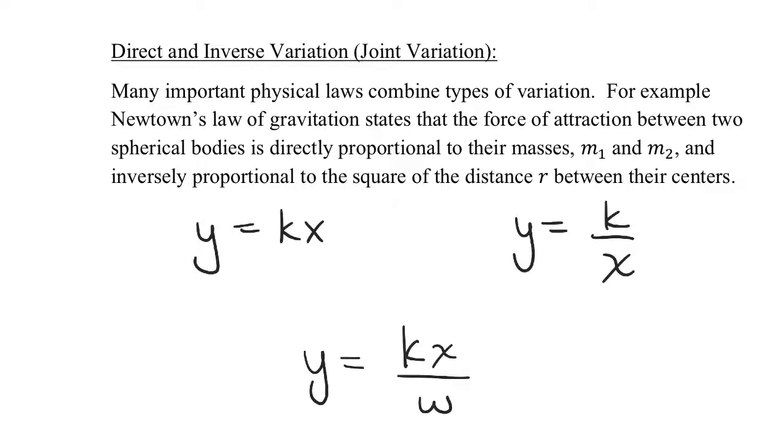Again, the statement here at the bottom really reads y is directly related to x while being indirectly related to w. So we have the combination of both direct and indirect variation. I'm going to do a little more in a second, but any questions so far?